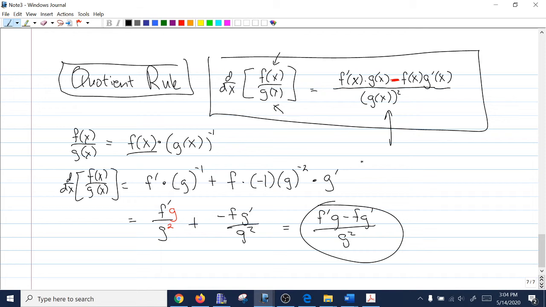Let's try out the quotient rule. Let's start with a simple version. Actually, let's do an applied problem. If I write down y equals, let's make it sine x over x squared.